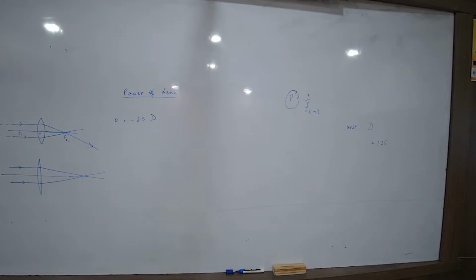Come to the next page. Power of the lens. Are we ready? Coming back to whatever we have discussed, we have already learned that the ability of the lens to converge or diverge the light rays depends upon the focal length. Converging, think of meeting. Diverging is moving away, the rays are moving away.